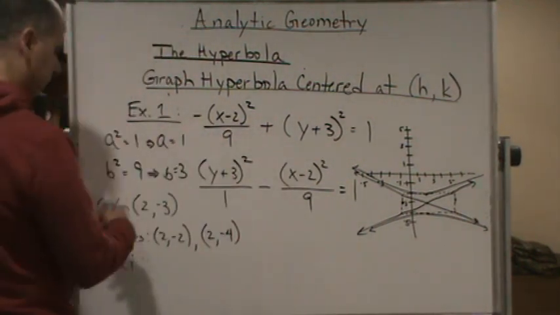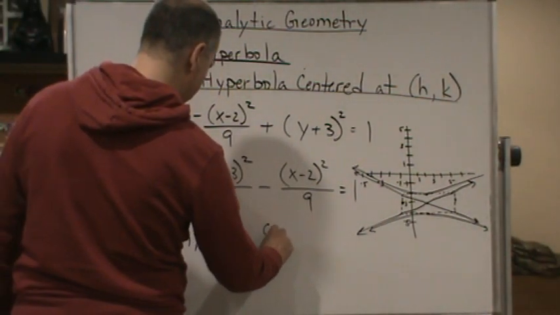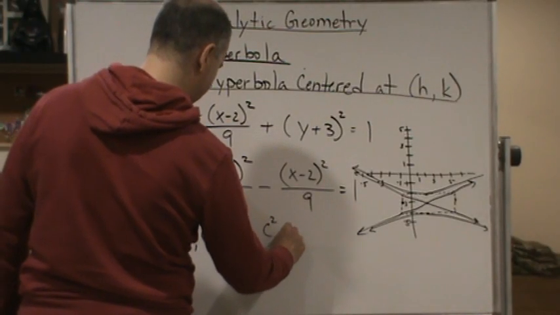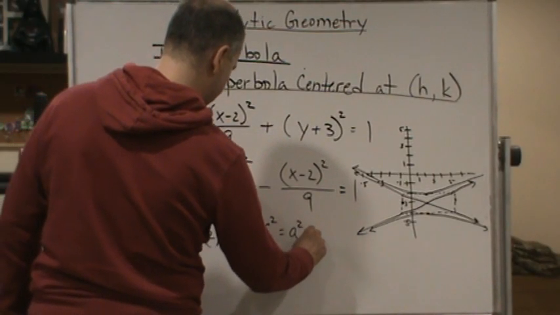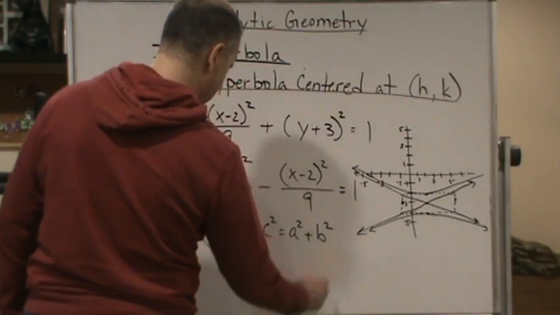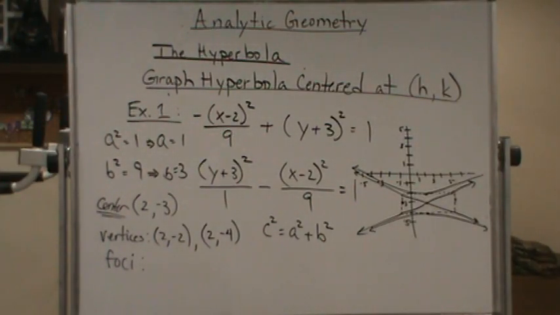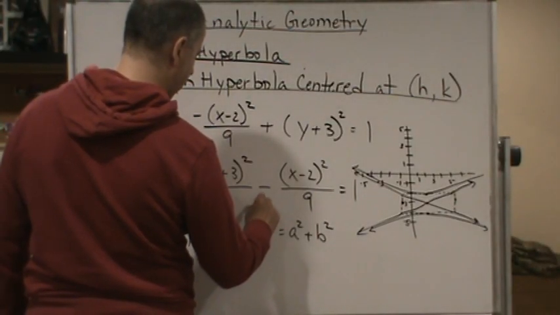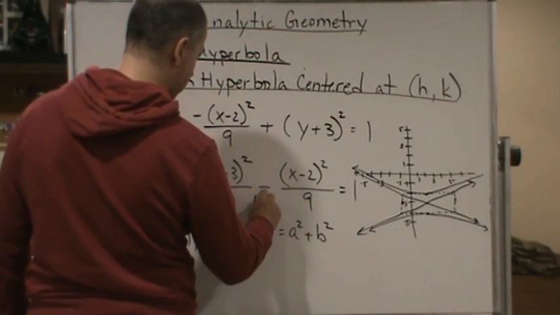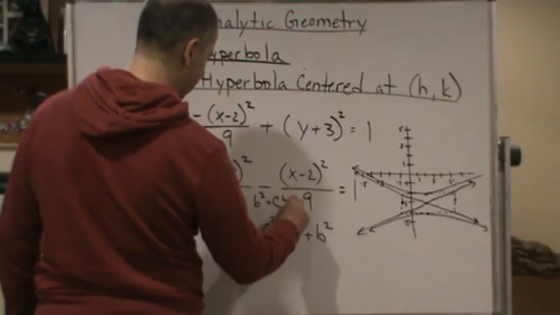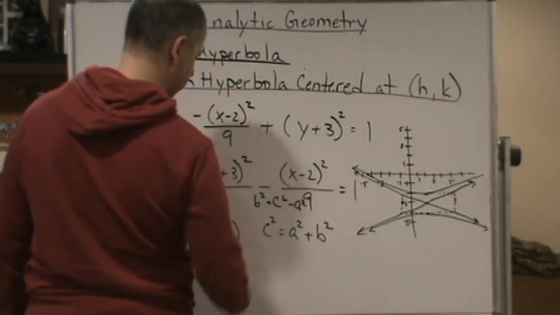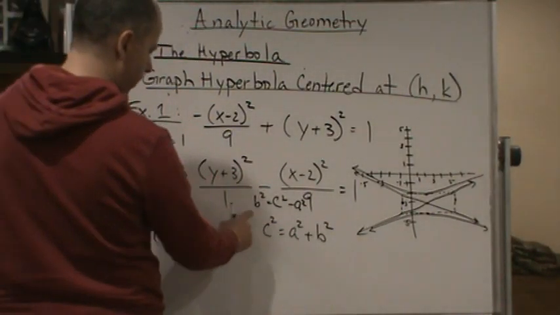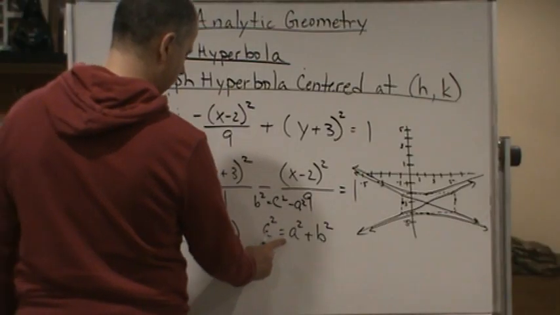Remember the formula, C squared equals A squared plus B squared, right? And where do we get that? We get that from the fact that B squared is equal to C squared minus A squared, right? So that's where that comes from. So remember this formula and you can get this one.